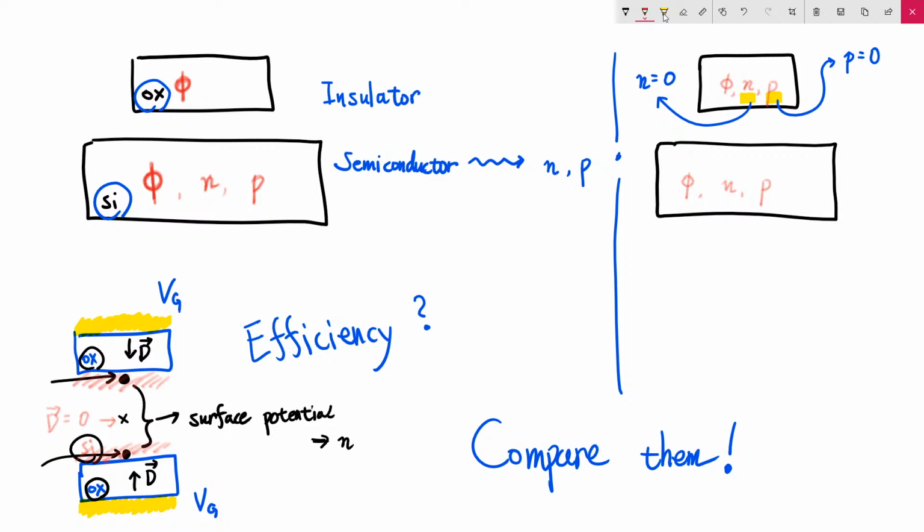So if we don't consider the electrostatic potential inside the oxide region, then we cannot provide the displacement vector sent from our terminals. So it is impossible for us to consider the electrostatic potential in the silicon region.